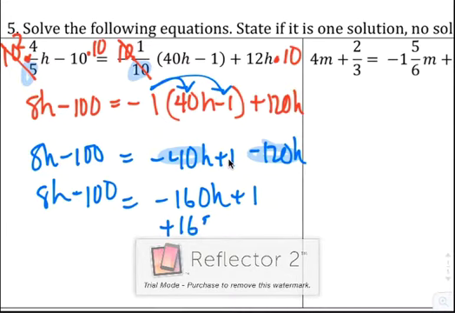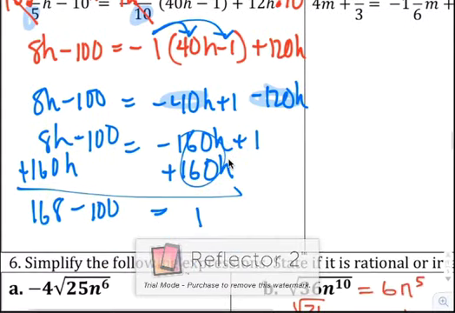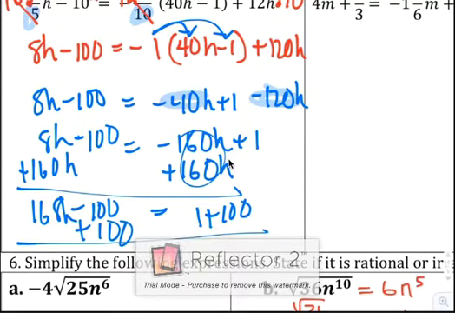Add 160h, add 160h, you get 1 equals 168h minus 100. You add 100, forgot the h here, add 100, you get 168h equals 101, divide, h then will get you 101 over 168. That's our answer.